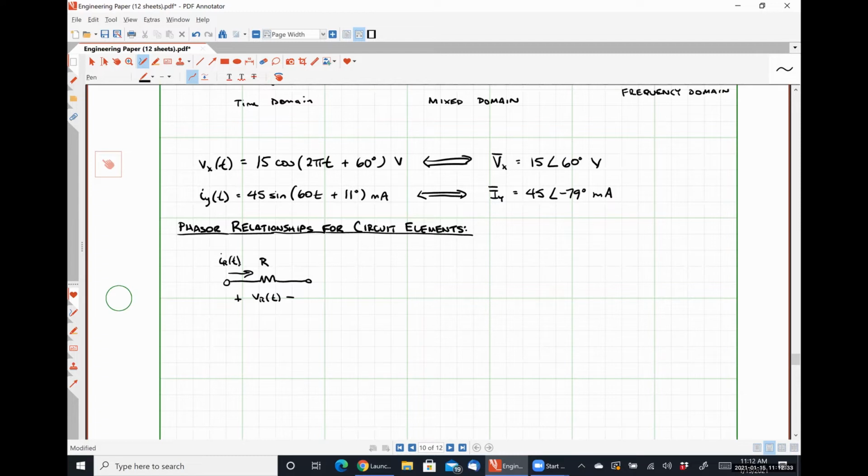I'm going to try to develop relationships using our generic time domain relationships and then applying what we know about frequency domain signals to develop a relationship.